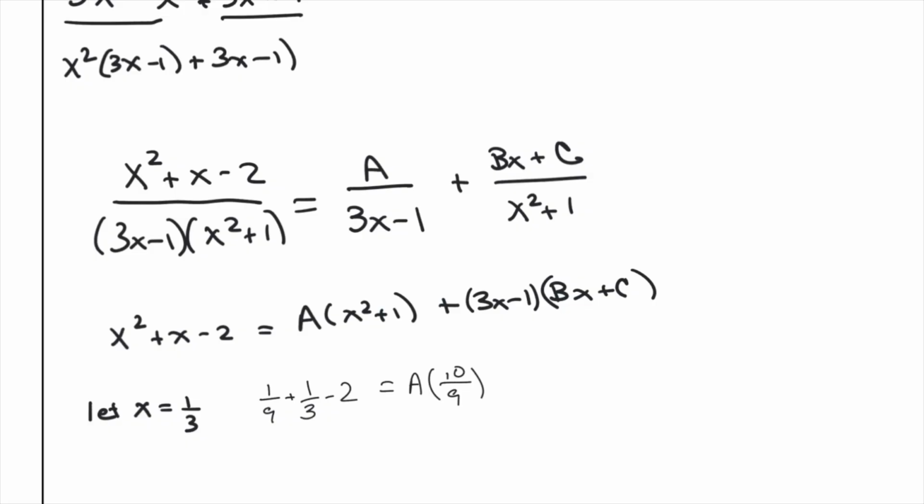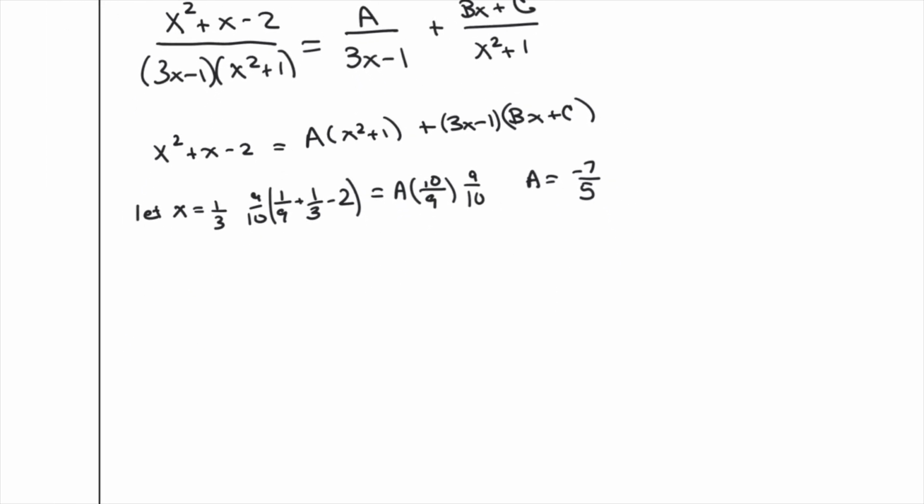Now I'm going to multiply by 9/10 on both sides, simplify, and I should have my A value. And what we come up with is that A is equal to negative 7/5. Not very pretty, but we can handle it. All right, so we now have A is negative 7/5. Substitute that in for your A value.